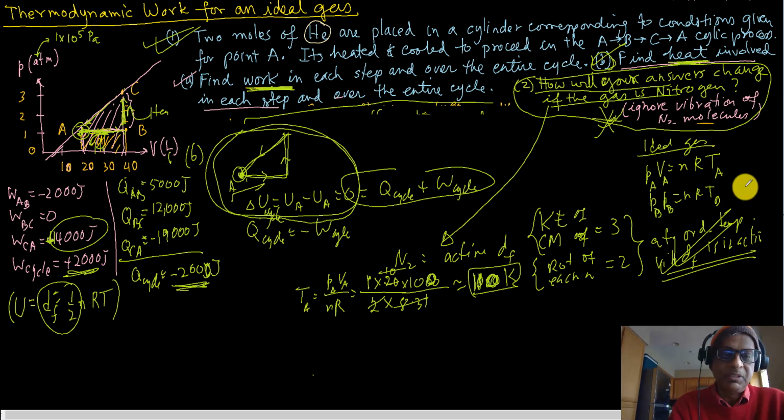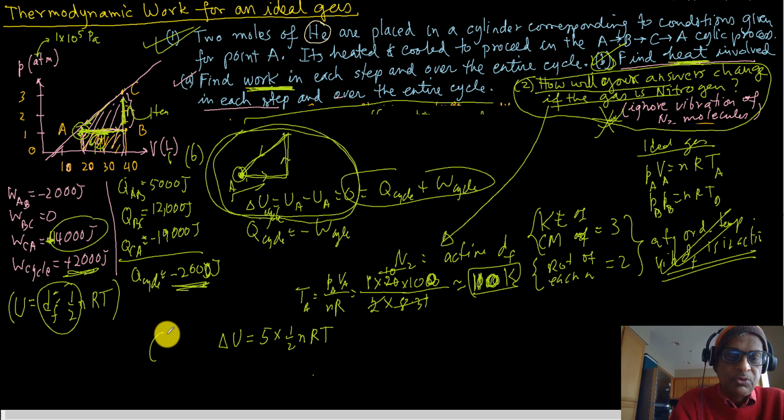All right, so you should work out. Delta U now will be 5 times half nRT for the nitrogen, not 3.